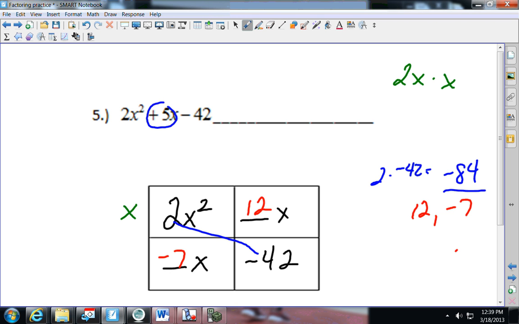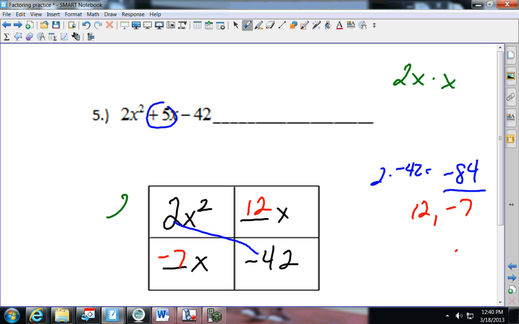Because if I just guessed, some people go, well, x times 12 gives me 12x, but 2 times what gives me negative 7? Is there a whole number? When I take negative 7 divided by 2, that gives me a decimal. The 2x can't go up there. That's one way to look at it and figure it out.